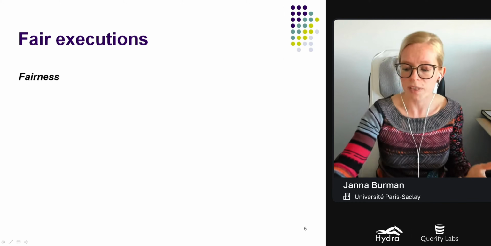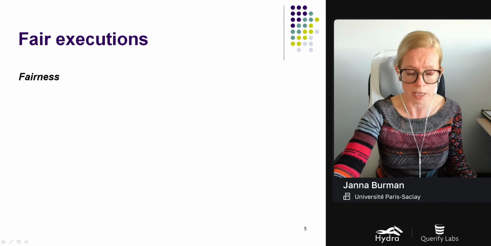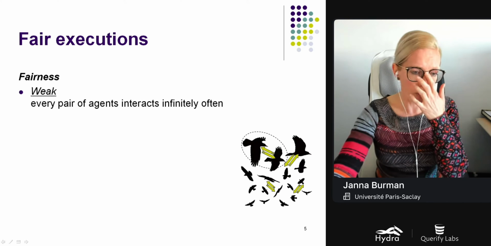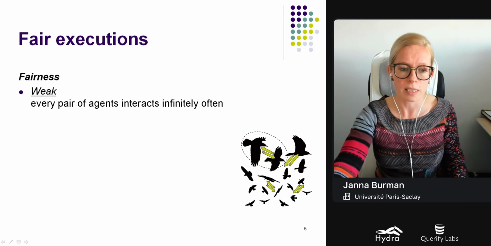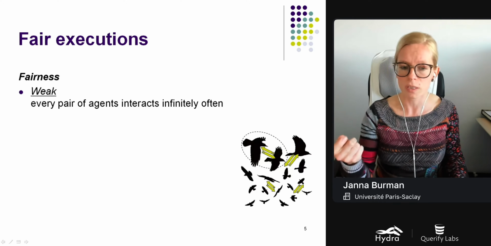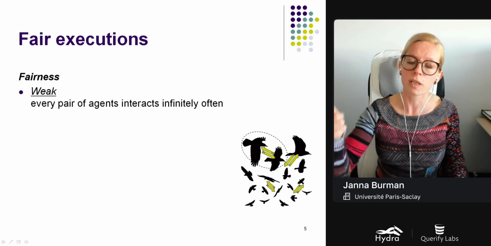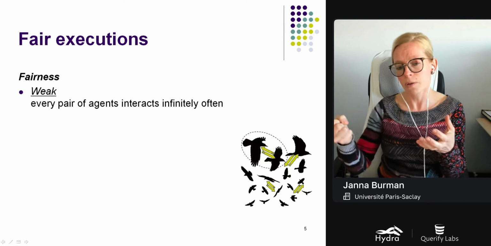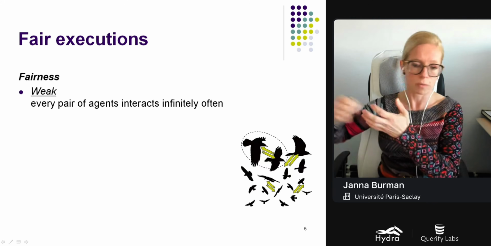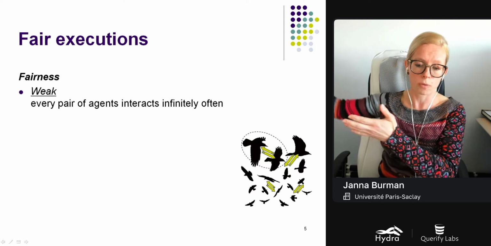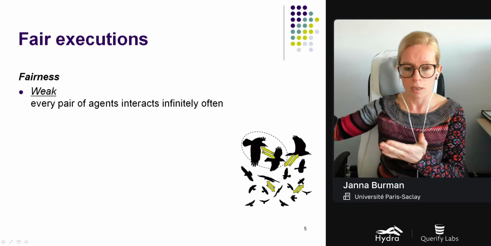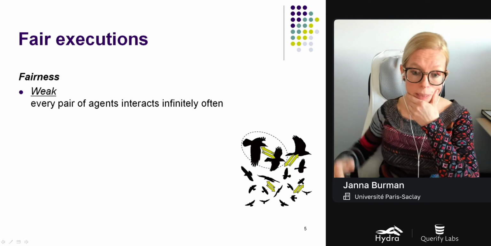Okay, so we have this notion of fairness, of fair executions. So, for example, one of the classical fairnesses is to ask that every pair of agents is chosen infinitely often during an execution. We cannot have some pair of agents that doesn't interact infinitely many times.